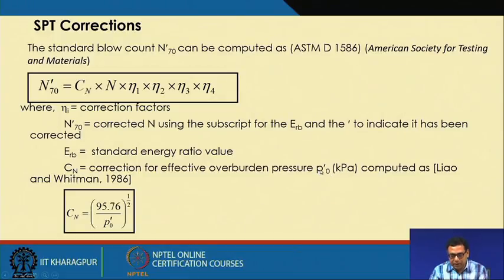So, we have to calculate the P0 bar in kilonewton per meter square, put this value here, and then calculate the Cn. That Cn we will use as a correction factor.